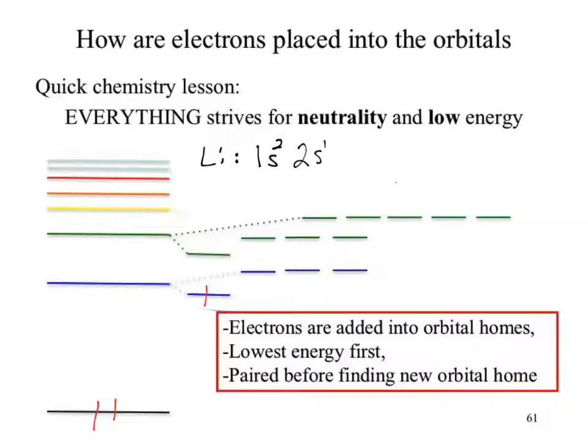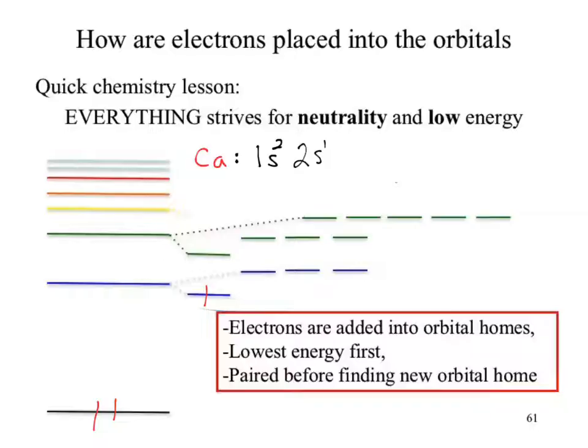Easy, hard? I heard an easy, so let's do calcium. By hearing the easy, I'm saying that you thought it was easy, so I'm making it harder. So how many electrons does calcium have? I need 20 to get to neutral calcium.